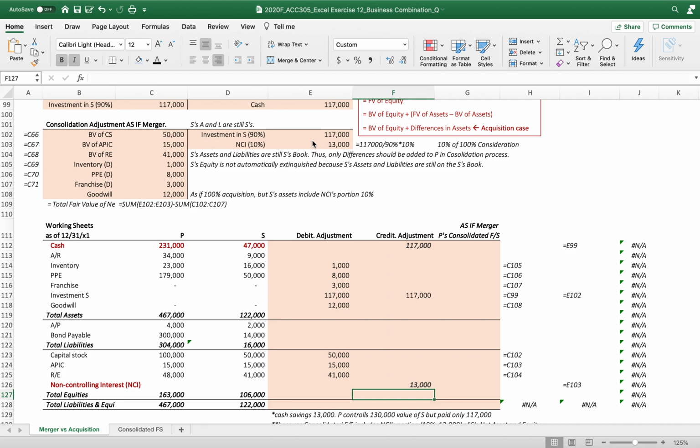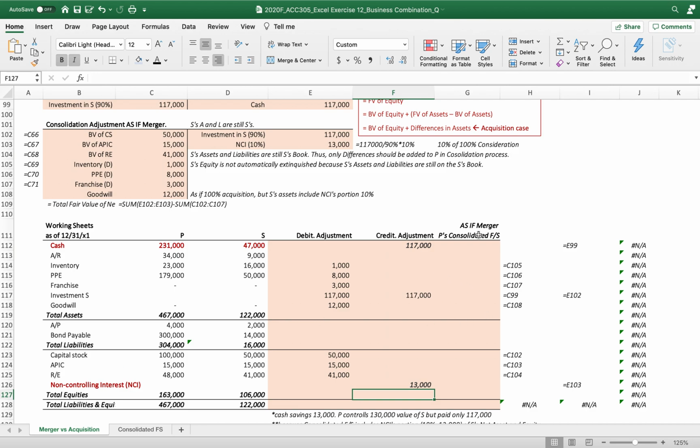That's why the company should present what is the non-controlling power, what is the minority interest except for this 90% control. That is the 10% of non-controlling interest. So by including all this 100% asset, the fair value of net asset, 10% of that fair value part is part of this non-controlling interest.